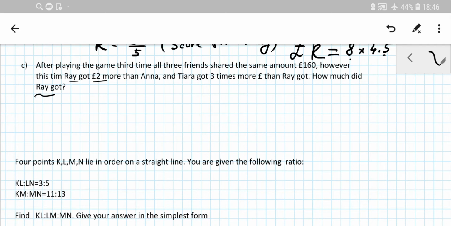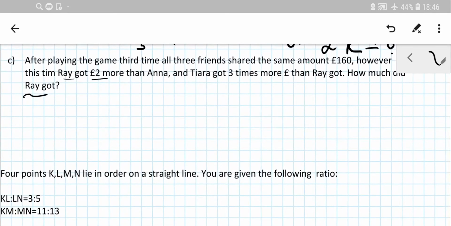Okay, so let's write Ray's amount as R pounds. Because Ray got 2 more than Anna, you can set up a new equation or new connection: Anna's reward with Ray, so 2 pounds more.